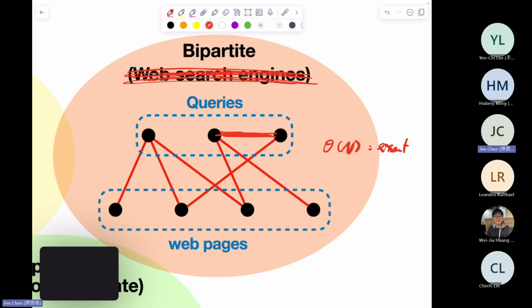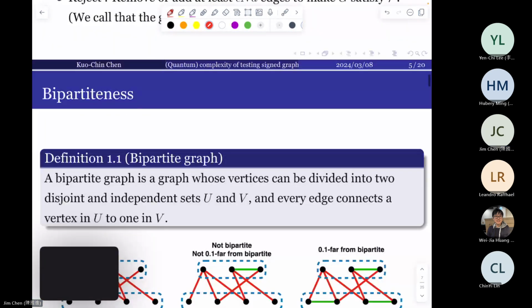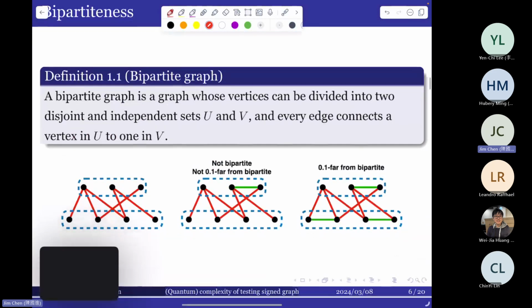For example, I think I can skip the definition of bipartite. Now, bipartite means that we can decompose the graph into two components such that there are no edges in each component.